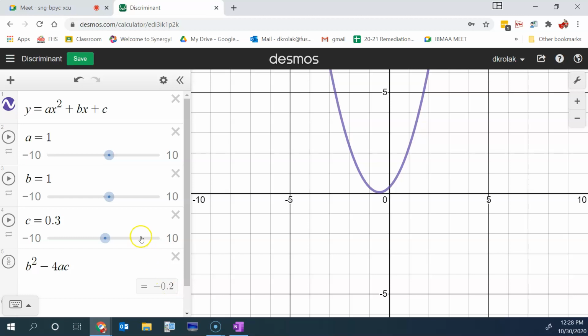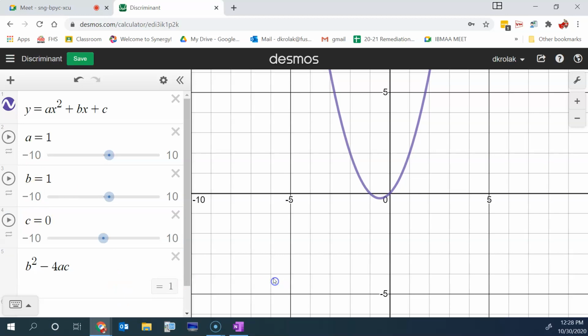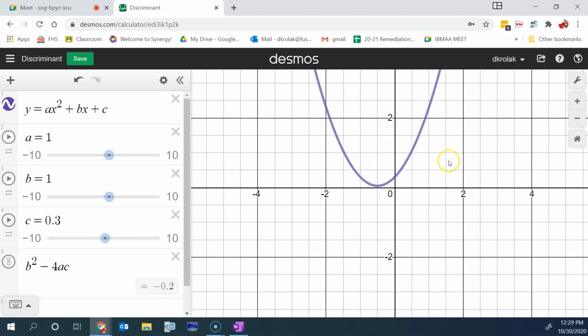It's at 0.2. I don't think I can move it that fine. Yeah, I'm trying to get b squared minus 4ac to be 0, and I can get close, but I can't get it exact.